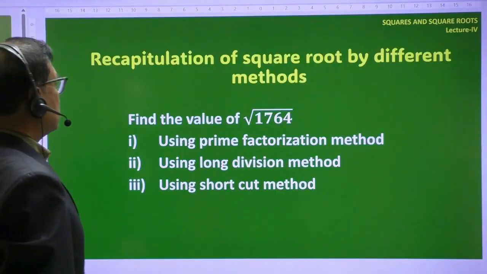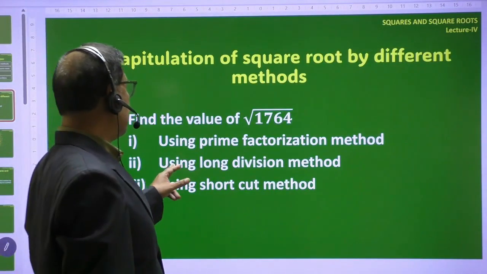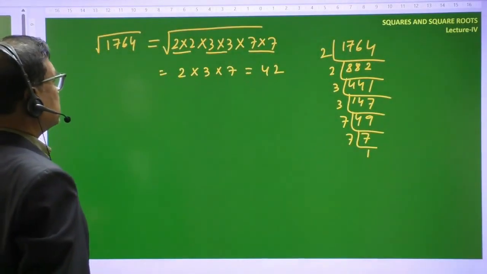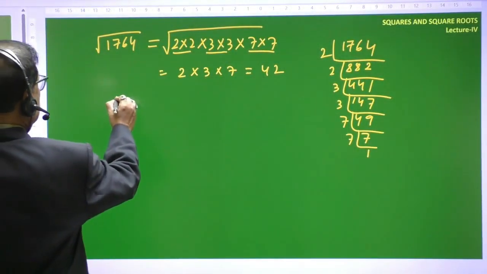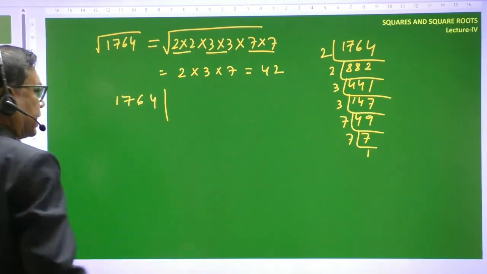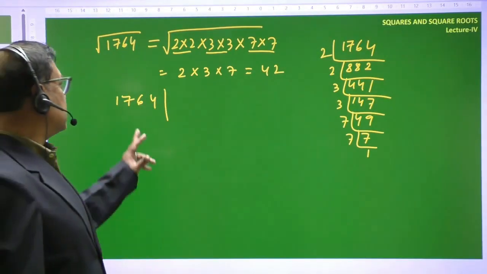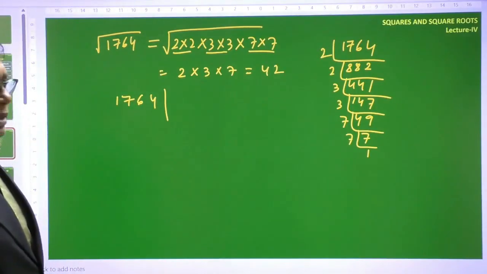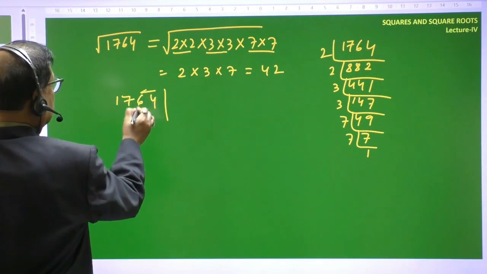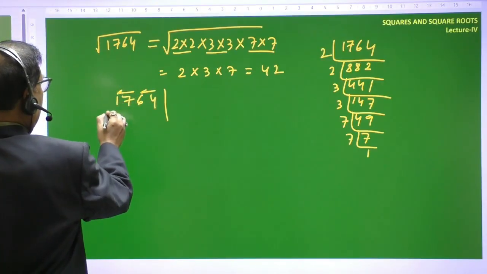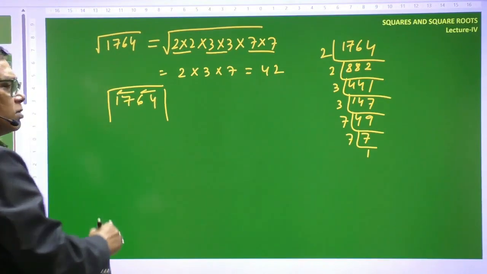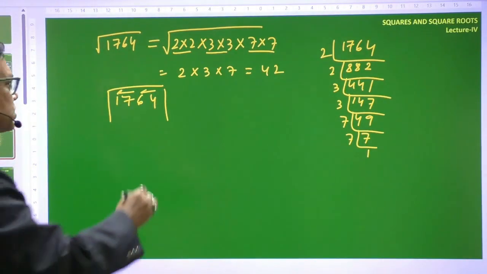Now the same sum we will do by the long division method. 1764. Already I have discussed in the previous class what the long division method is. We have to start pairing from this side. So 17 is the first pair, and the square value 4 square is 16.